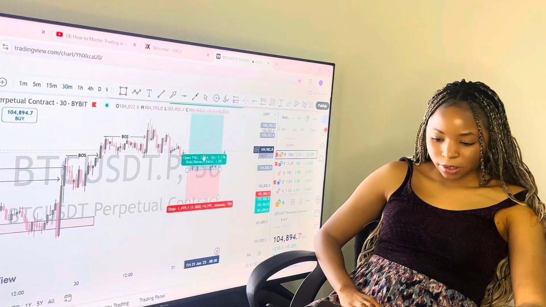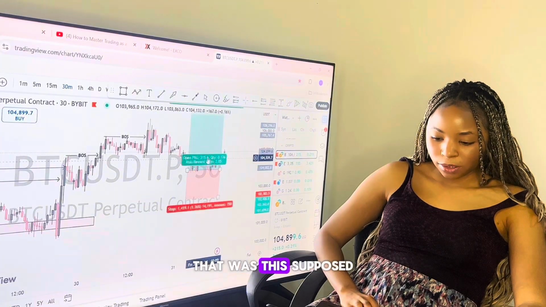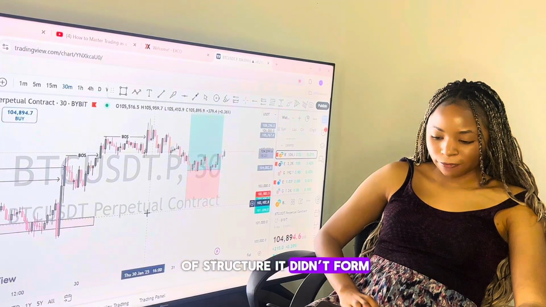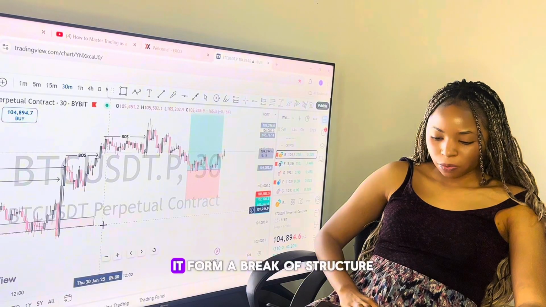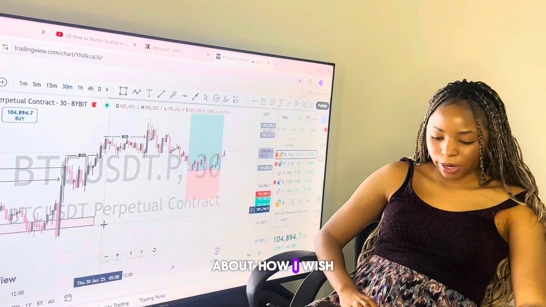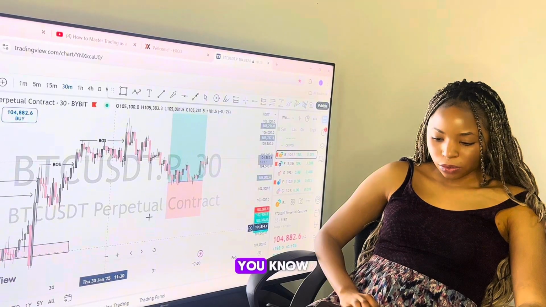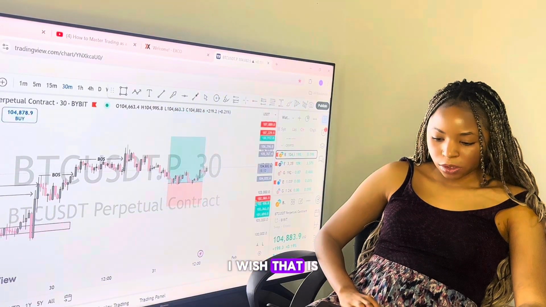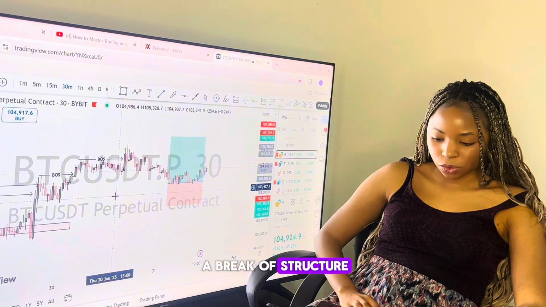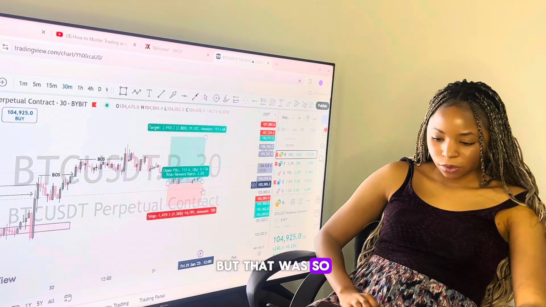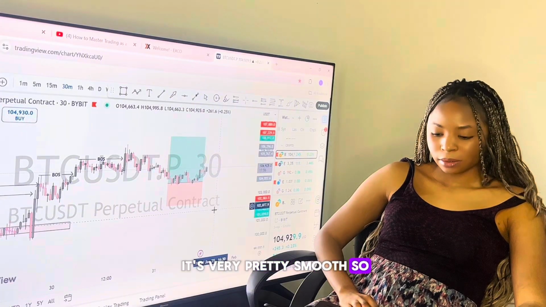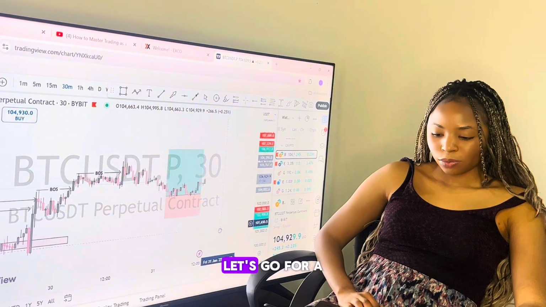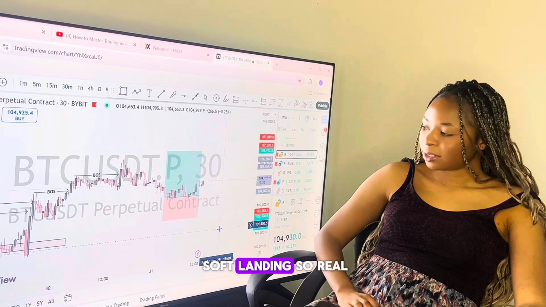I'm noticing this is supposed to be a breakout structure, but it didn't form. This candle wasn't long enough to form a breakout structure, but how I wish that is a breakout structure. Would have been so nice. But let's see. It's going pretty smooth, so let's hope for a soft landing.